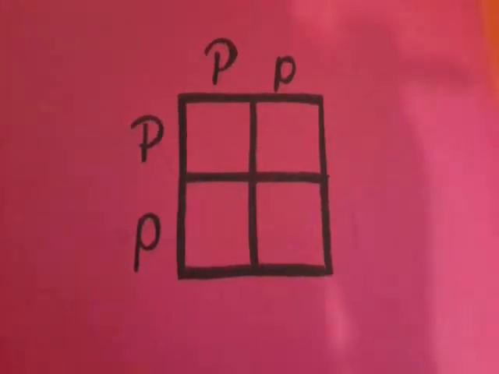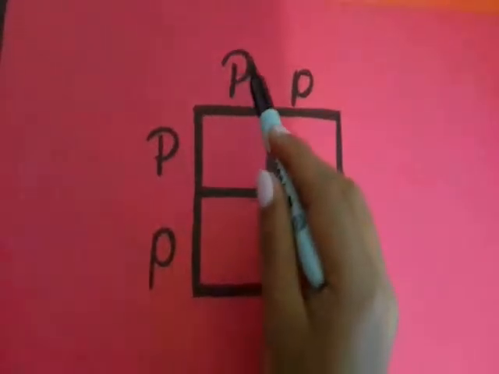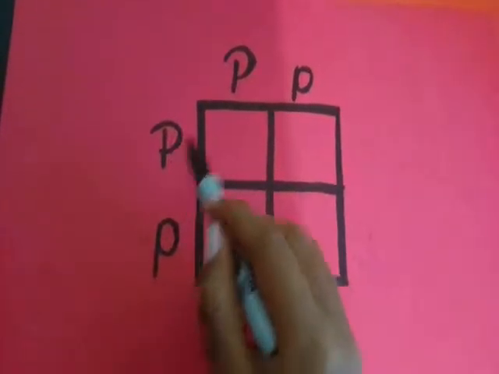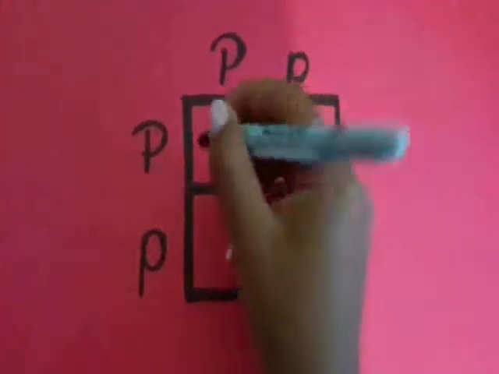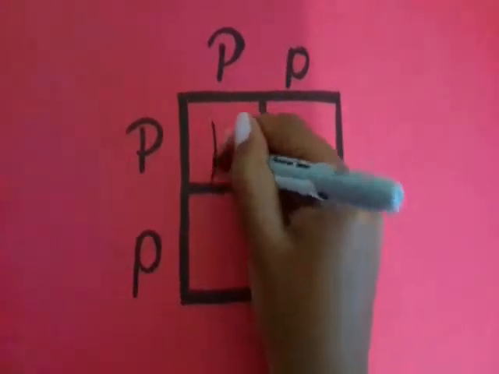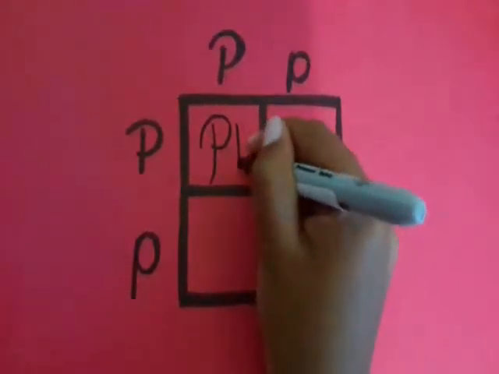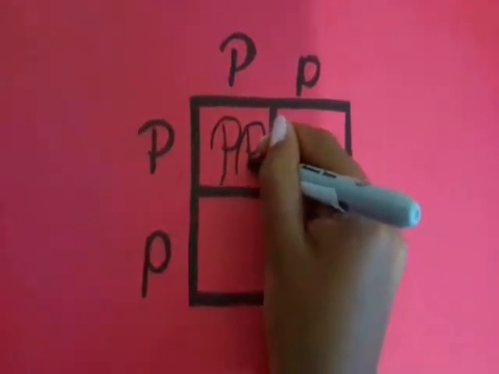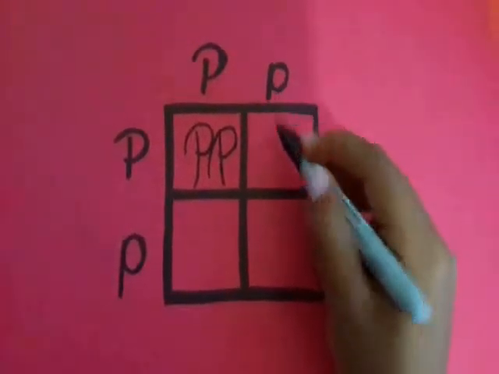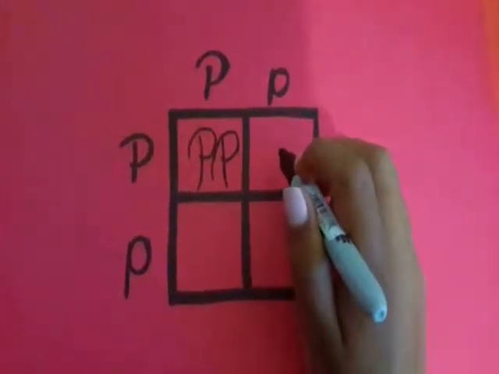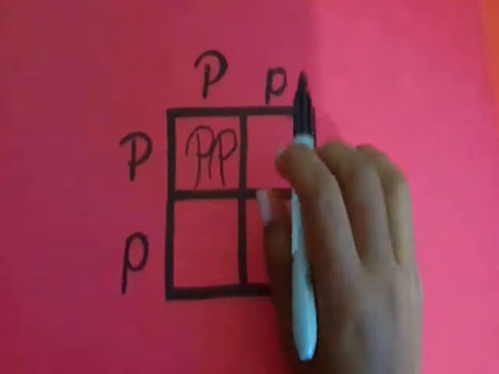Now we're going to cross it. So here we have a P and a capital P, so we obtain double capital P. Here we have a lowercase p and a capital P, so we obtain capital P and lowercase p.